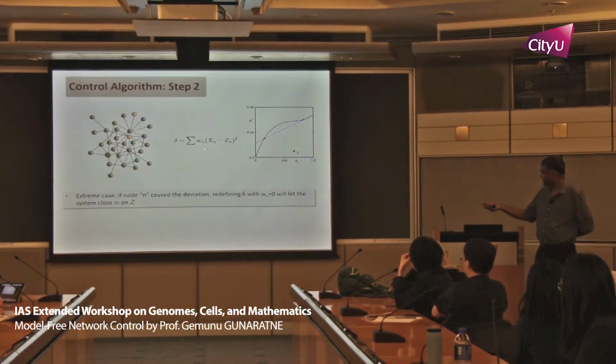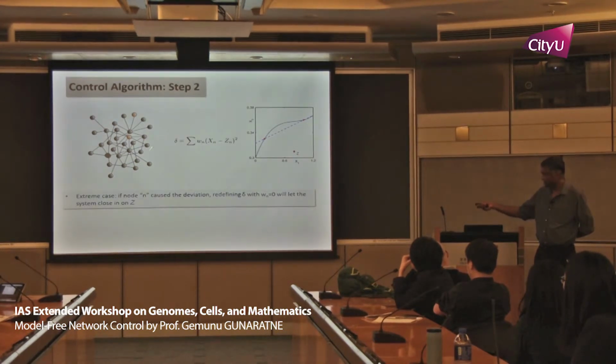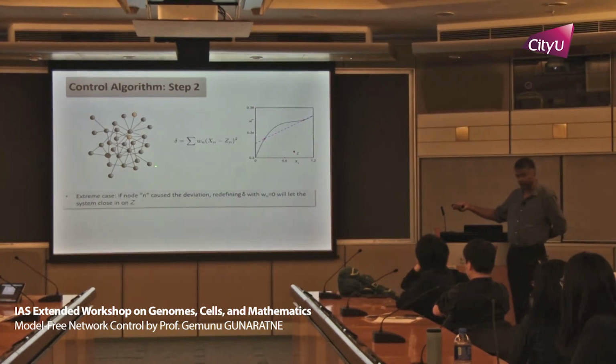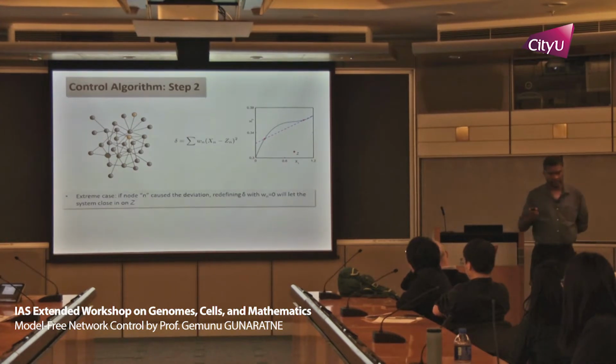If the weight for that node was 0, I would get to this point close to that, right? So if I redefine my length measurement so that the W, the weight for that node, was 0, I would be able to get close to that.